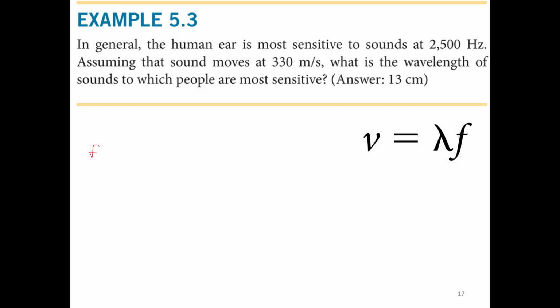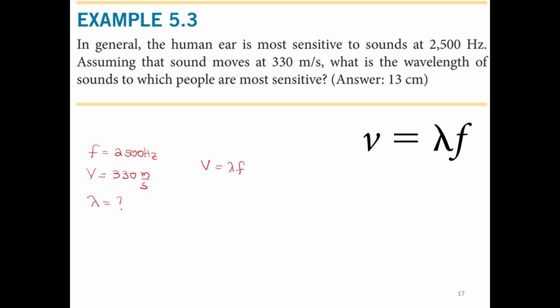We had frequency is 2500 hertz. The speed is 330 meters per second. Then we want to calculate the wavelength. This is the equation we can use to describe any wave.